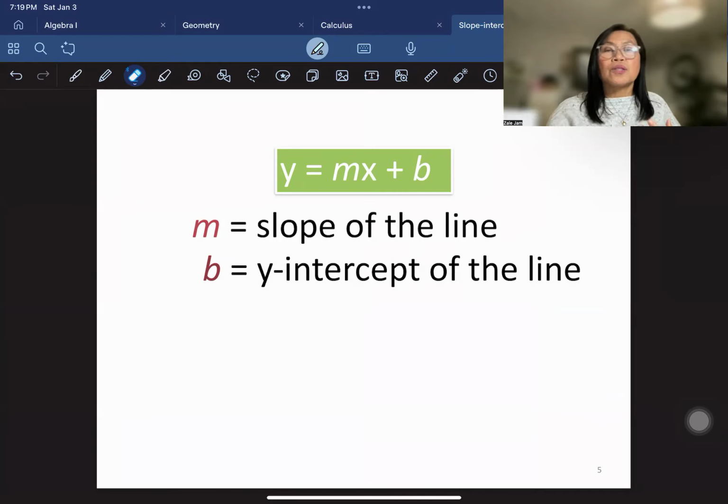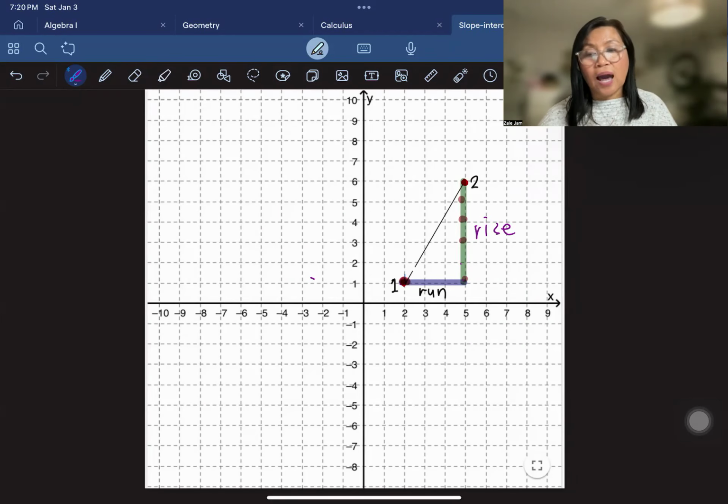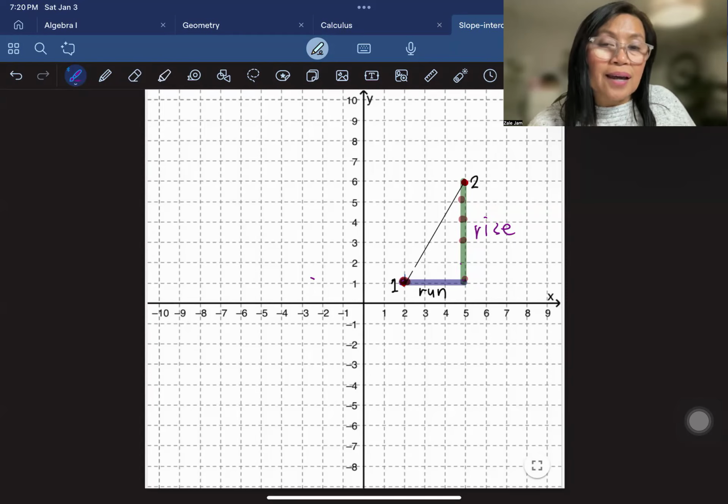And the rise over run: the rise tells us how much the line goes up or down, and the run tells us how much it goes left or right. In this case, we have 2 points. Going to the right, we have 1, 2, and 3 points, so the run is 3.